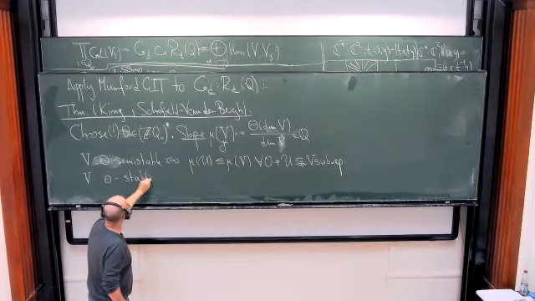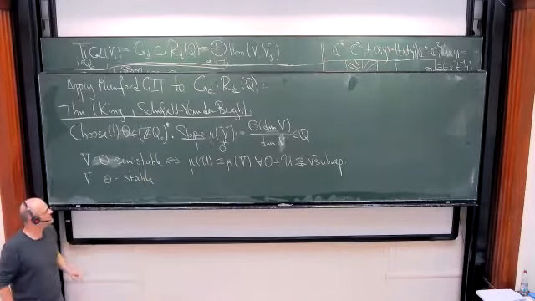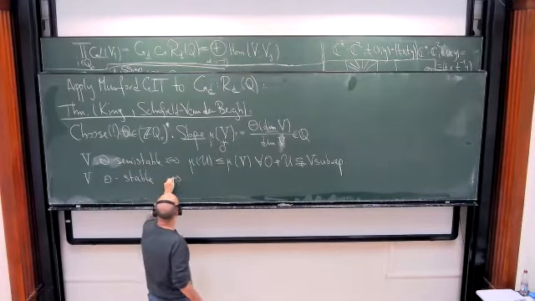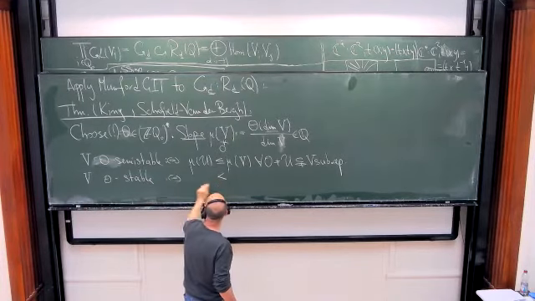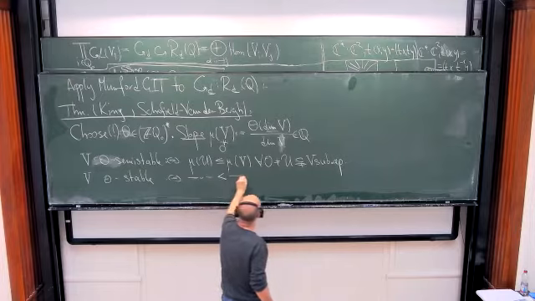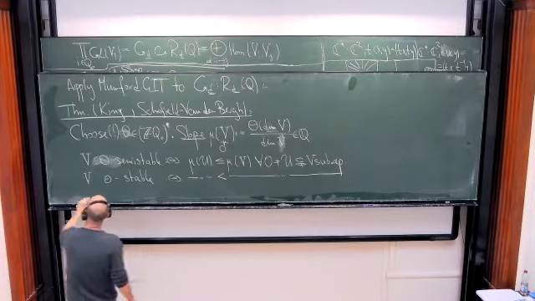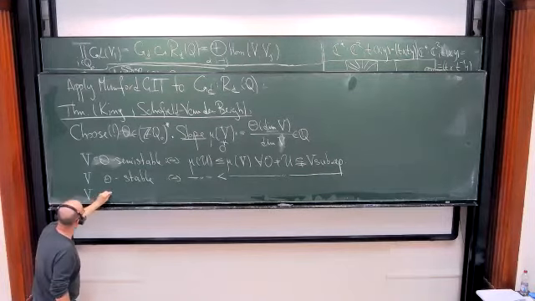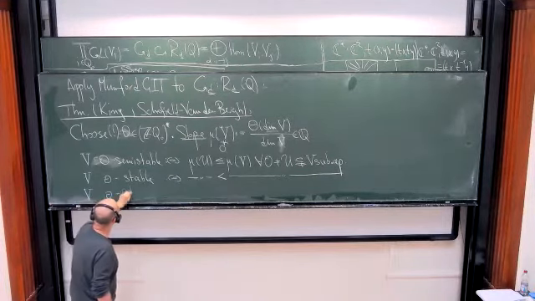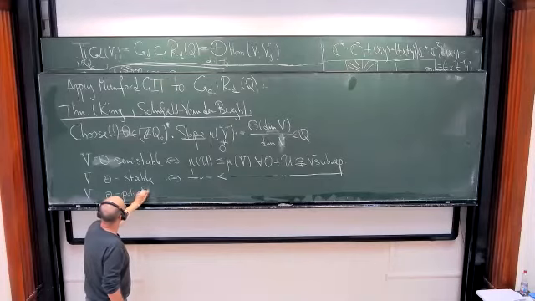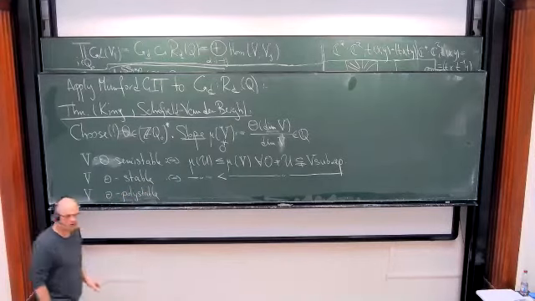There's a stronger notion, namely V is called theta stable if and only if you have a strict inequality here. And the final notion we need is what it means for V to be polystable.